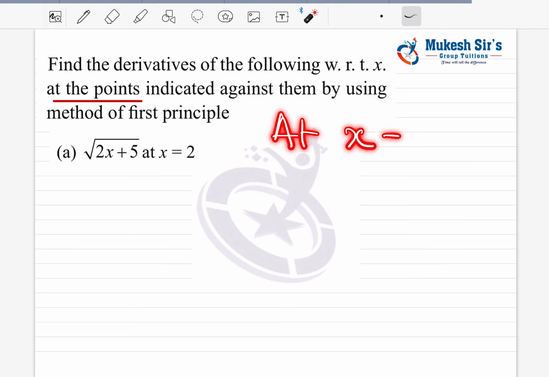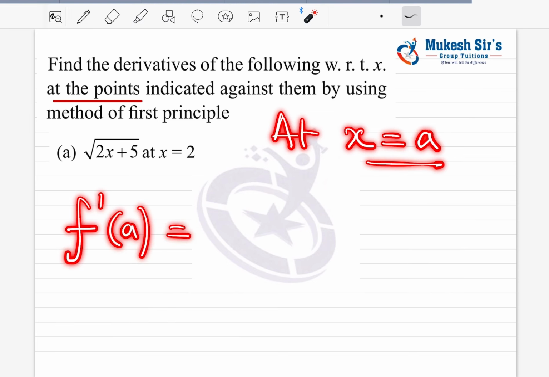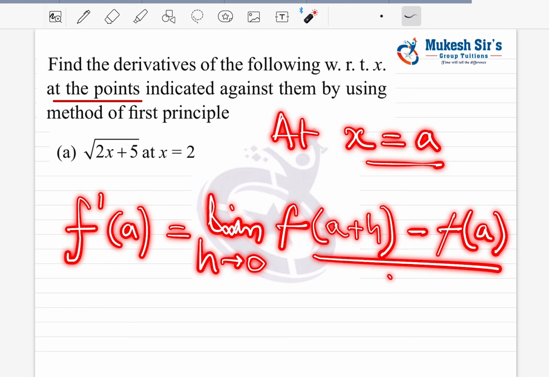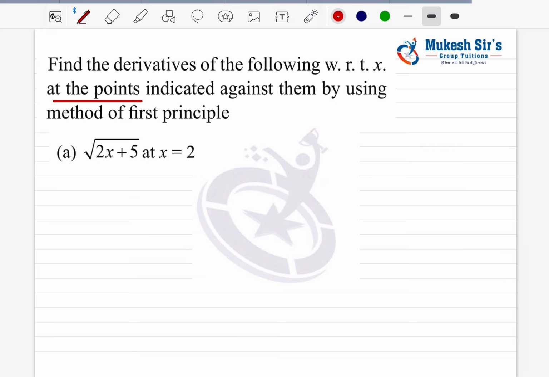At x equal to some number a, your formula becomes f dash a is equal to limit h tends to 0, f of (a plus h) minus f of a, the whole divided by h. That's your formula. So instead of x, you'll be having a here now. Same formula. So let's check out this question now.